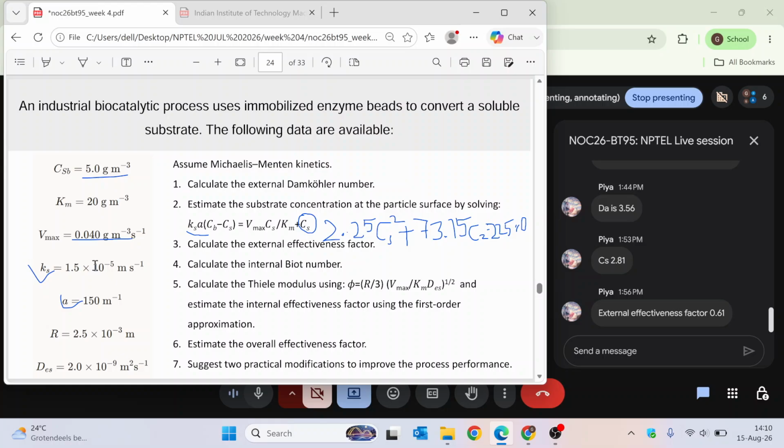What's the value of Thiele modulus? The entire equation is given here. R by 3 into square root of Vmax by Km into Des. This Vmax by Km is your K effective. And all the values are given here.